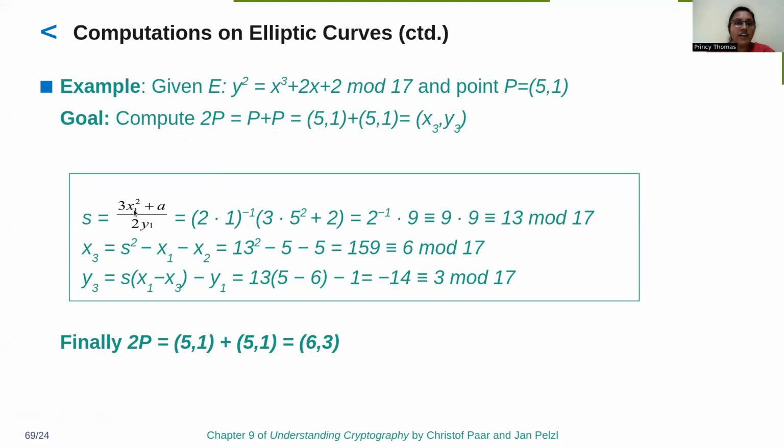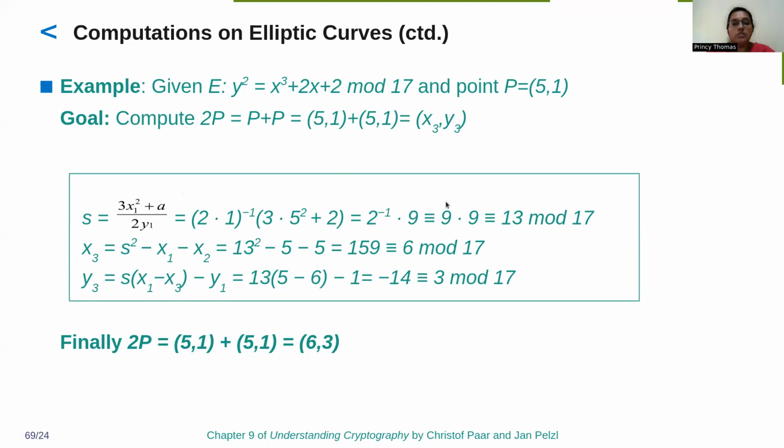We know x1 is equal to 5, y1 is equal to 1, and a is equal to 2. So substitute the values. These are all modular arithmetic and inverse operations. The divide operation will become 2 into 1 inverse. So 2 inverse mod 17 is equal to 9, the positive inverse.